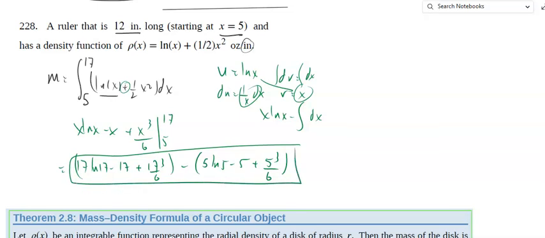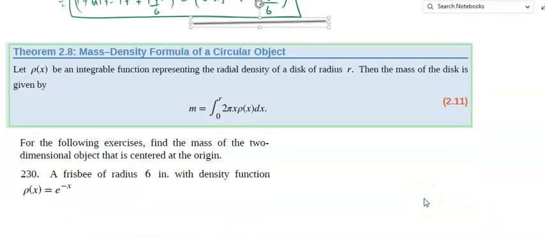Now, another application that's going to come up in your next course: if I'm dealing with a circle, let rho of x be an integrable function representing the radial density of a disk. If you look at these circumferences, that's what that is.